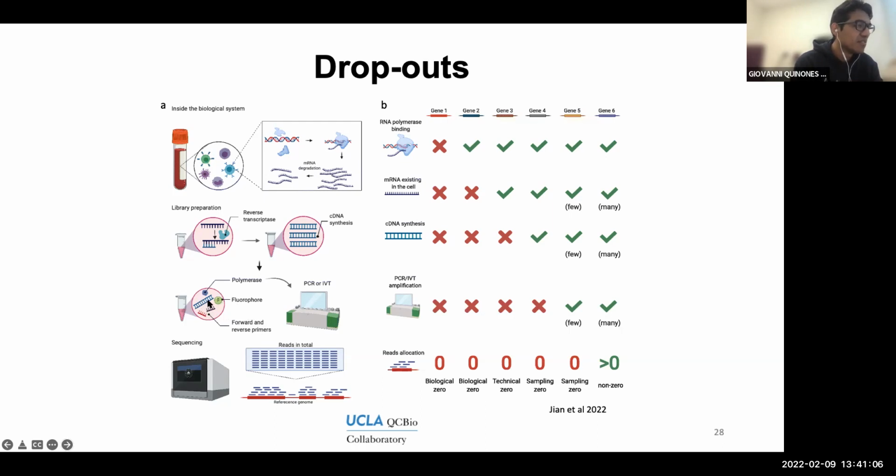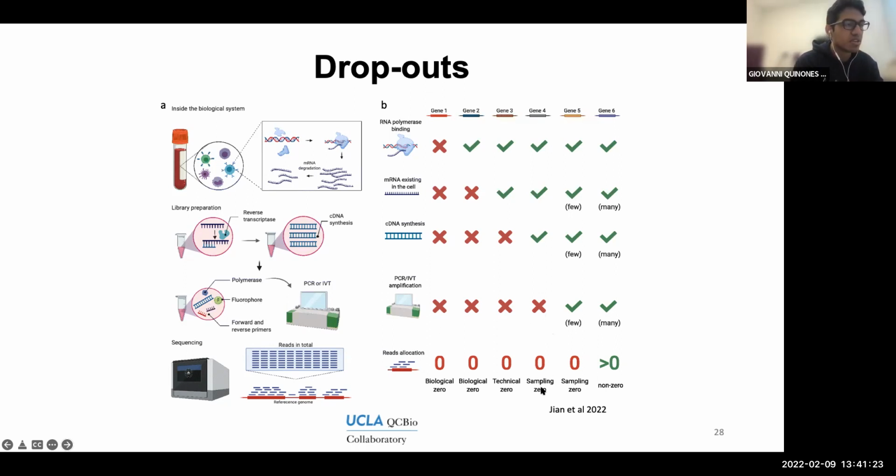And if you remember, the original signal is very, very small. So if the primers were not able to bind in the first place, then you're going to lose signal for this particular gene.